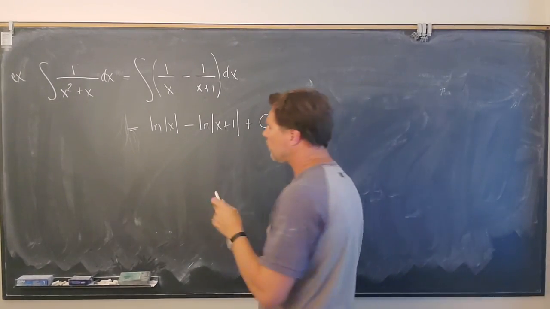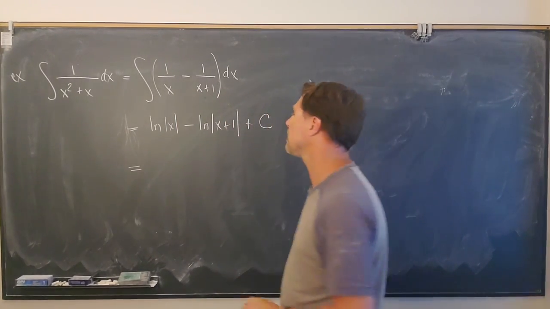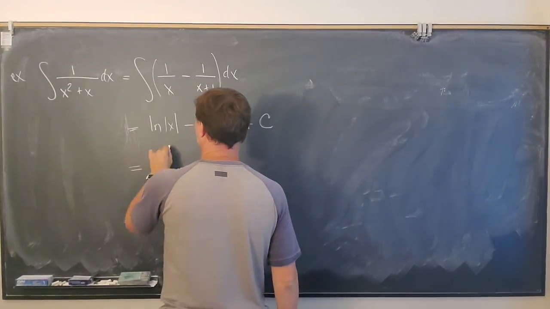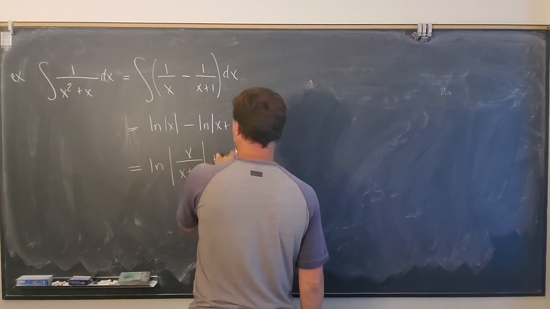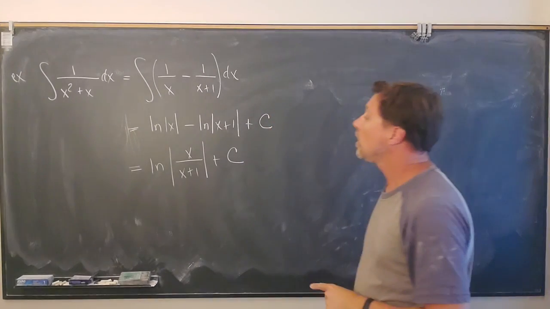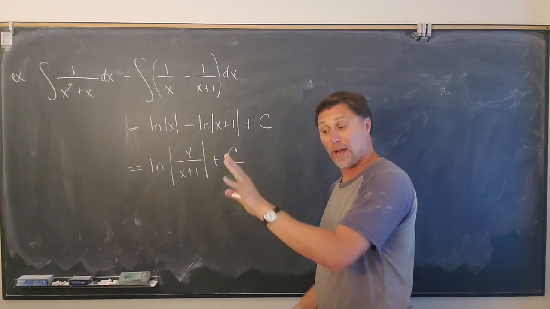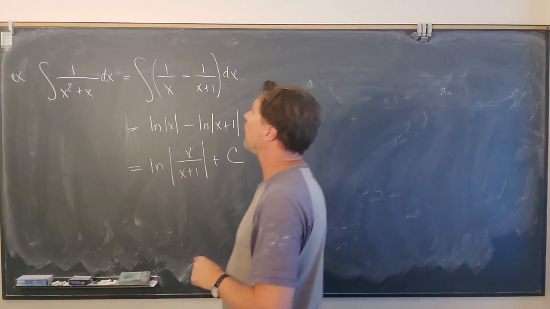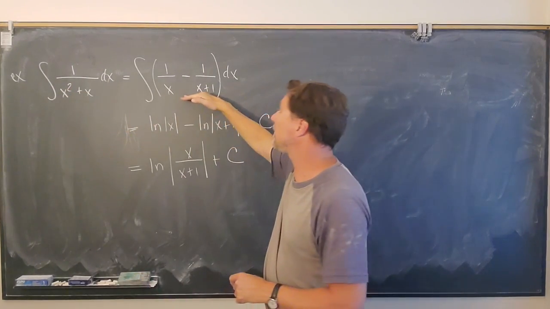And by the way, your book will always do this. If possible, it will simplify using rules of logs. This can be rewritten as natural log absolute value of x divided by x plus 1, plus c. So what we're going to do in this lecture and in the next lecture is work on the process of taking a function of this form and rewriting it in simpler pieces.